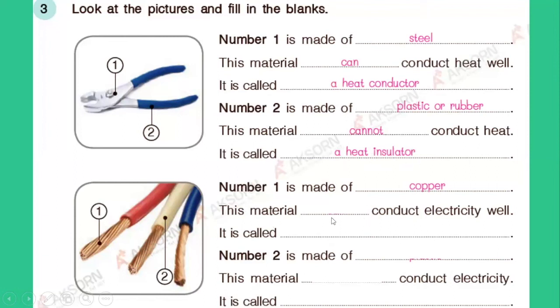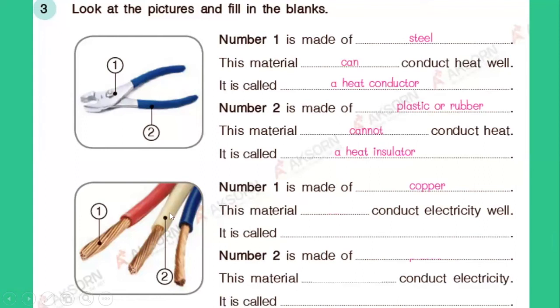So depending on how you answer, fill in the blank here. If it can, you write down here, it's called electrical conductor. If you think that it cannot conduct electricity, you write down cannot conduct electricity and it's called electrical insulator. Write it down on your own.